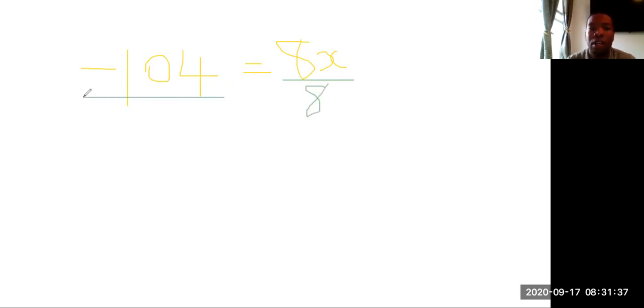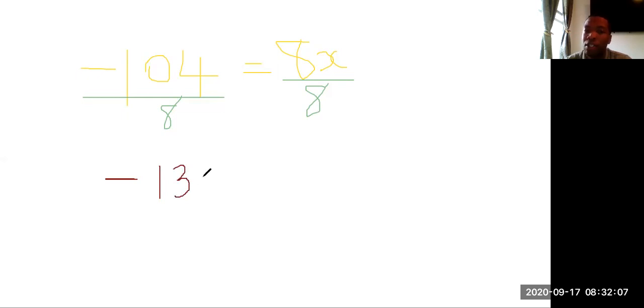Whatever you do on one side, sure enough, you got to do it on the other side. Now we got to do what 104 divided by 8 is, which is 13. But the 104 is negative, and a negative number divided by a positive number is negative, and 104 divided by 8 is 13.